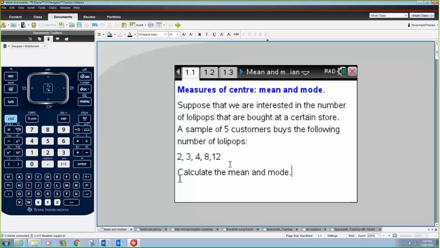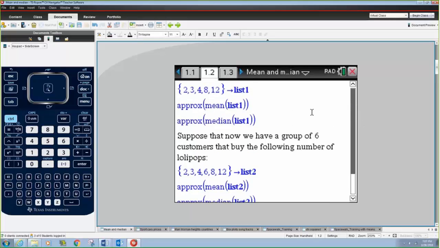So we have some numbers given here, and I prepared a notes page because that is quicker to show what's happening, but it can be done in the calculator screen. If I take the first list, I can store it as list 1 by going Control Store.